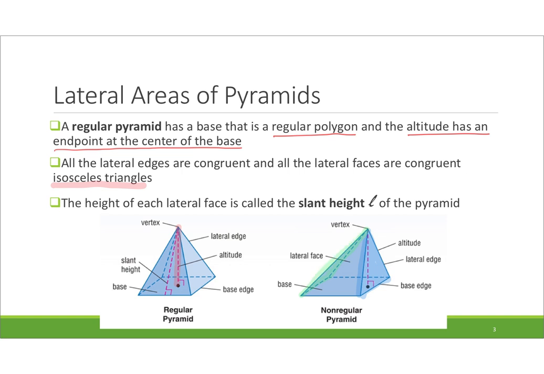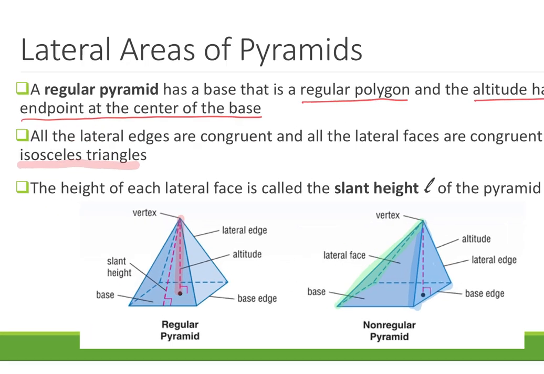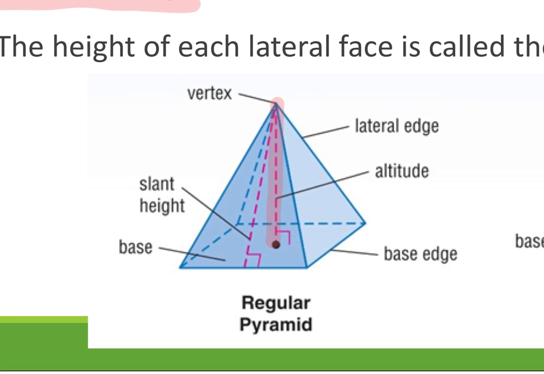So for non-regular pyramids, you're going to have to go the long way and manually find the area of all of the sides and of the base, and you're going to have to do more work because the equation doesn't work for non-regular pyramids because the sides are not the same size. So keep that in mind. But regular pyramids you have a lot of fun with. And this is where pyramids get interesting.